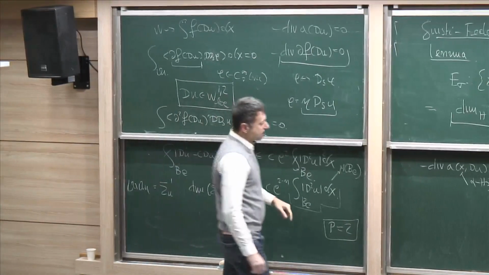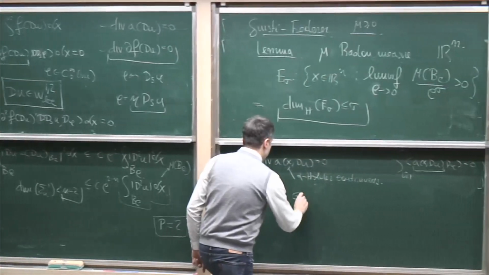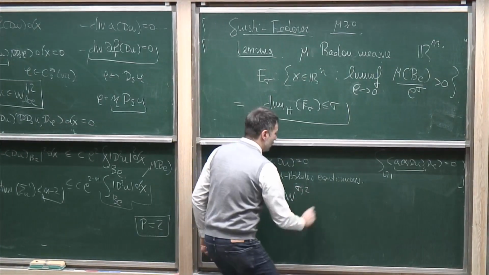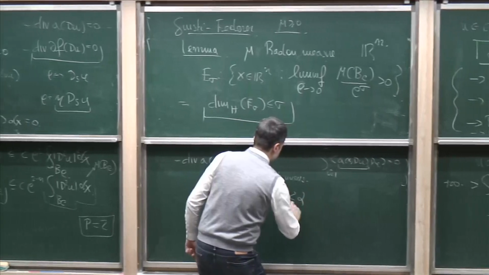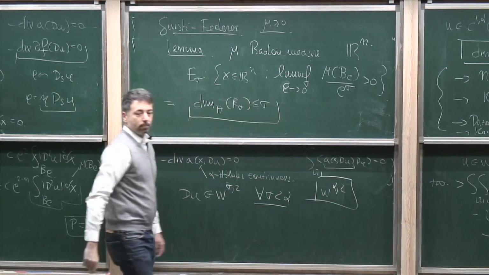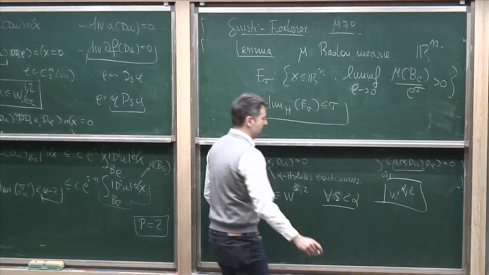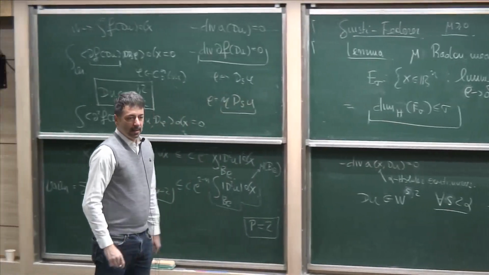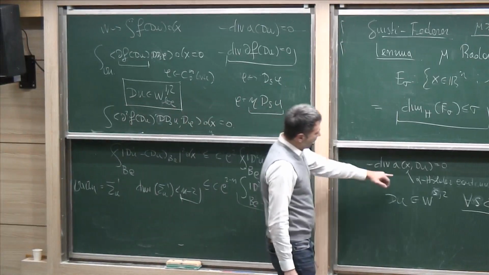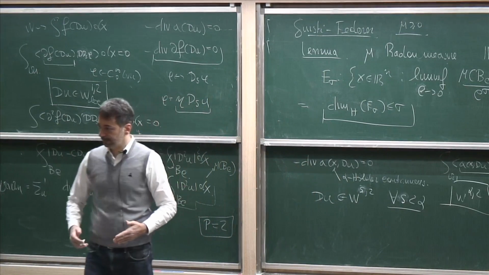But in this case, the gradient turns out to be in W^{sigma,2} for every sigma less than alpha. So it's almost in W^{alpha,2}, for every s less than alpha. So the Hölder continuity is now read in terms of differentiability of the gradient.